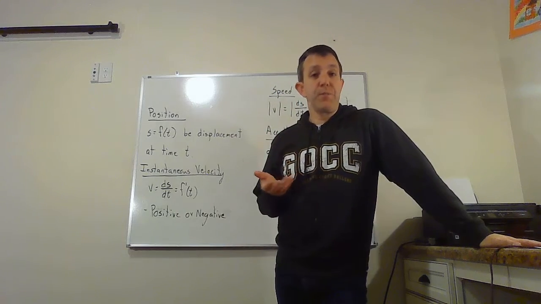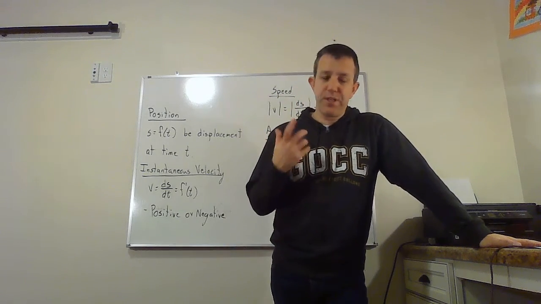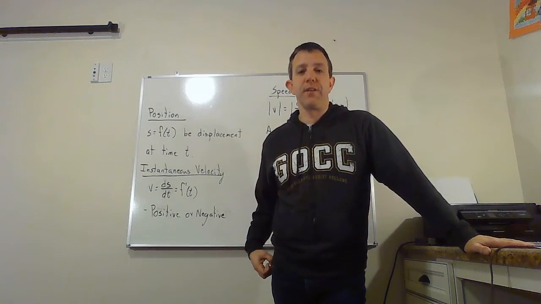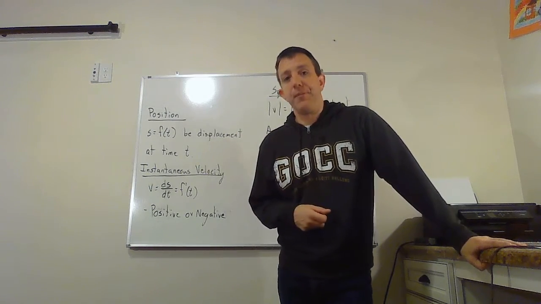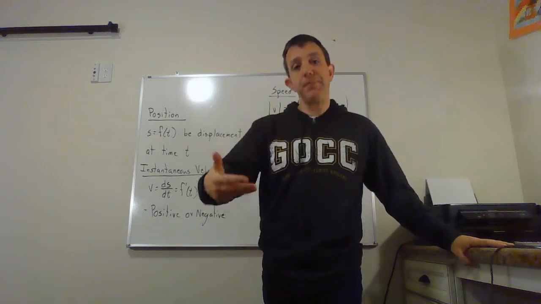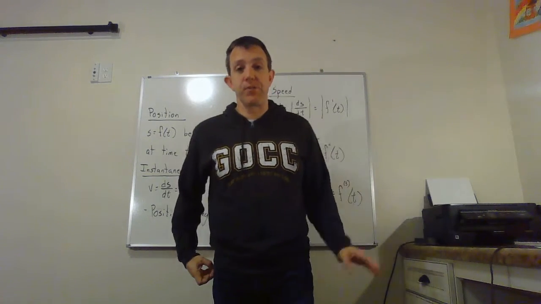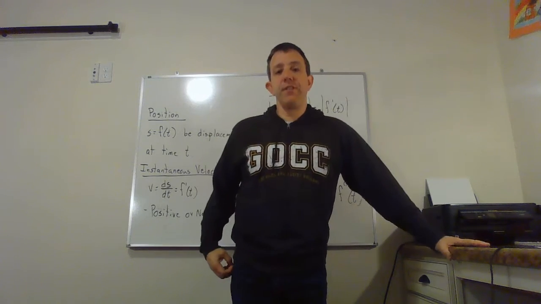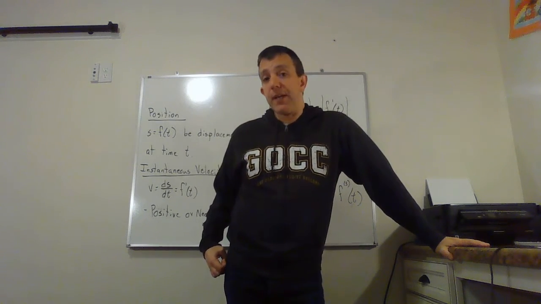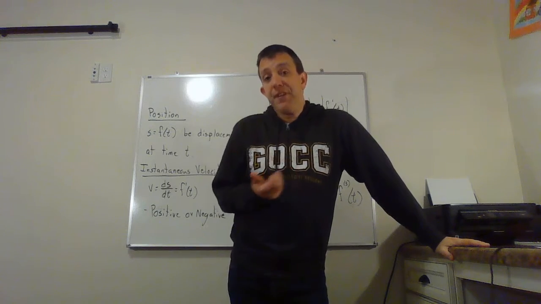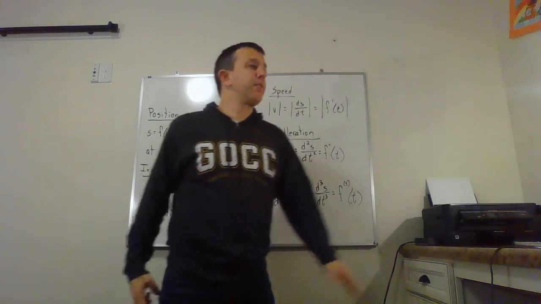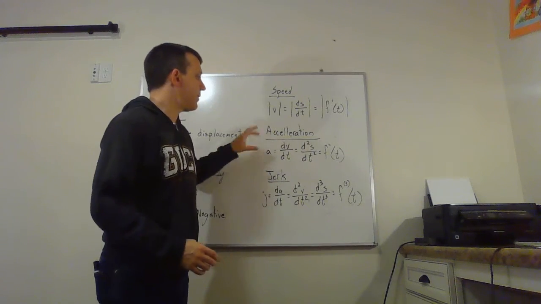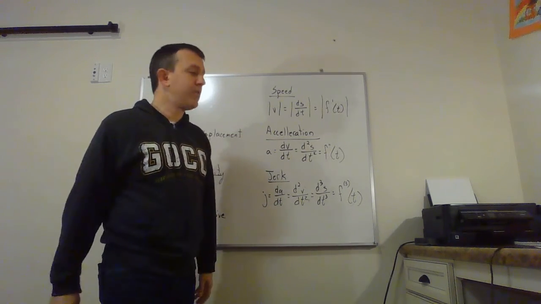So when you push down really hard on the gas pedal, you feel like you're getting pushed back into the seat of the car. That's due to acceleration. Once you get up to your cruising speed and you set the cruise control, you don't feel that anymore, because you only feel that when you're accelerating. Once you get to your cruising speed, there is no acceleration. So acceleration is what pushes you into the car.